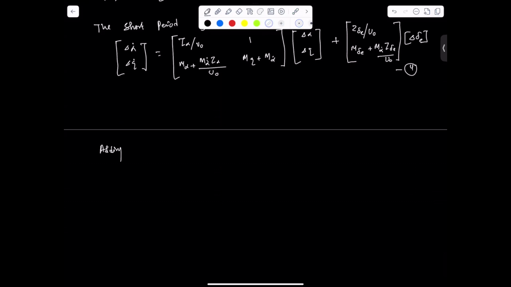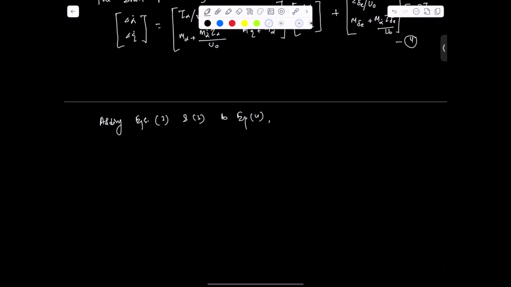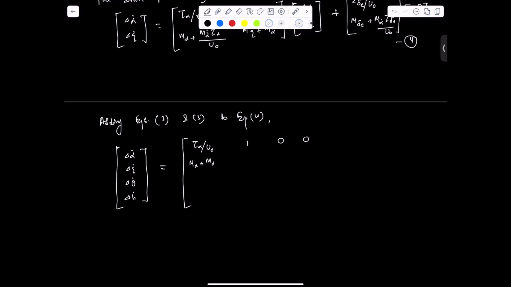Adding equations 2 and 3 to equation 4, we have the state space model: del alpha dot, del q dot, del theta dot, and del h dot equal to the system matrix Z alpha over u naught, 1, 0, 0; m alpha plus m alpha dot Z alpha divided by u naught, m q plus m alpha dot, 0, 0; 0, 1, 0, 0; minus u naught, 0, u naught, 0.